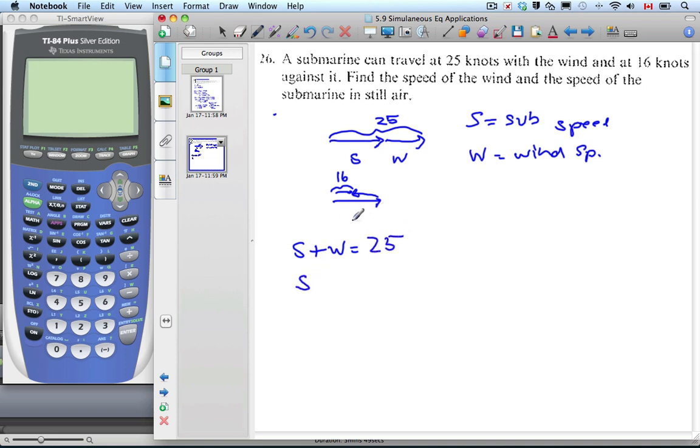If I take my S and subtract my wind, because it's pushing against it, you can't go as fast, it is equal to 16.